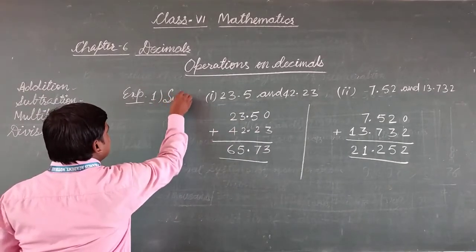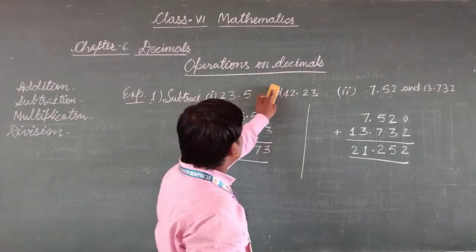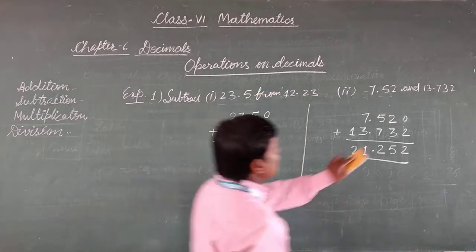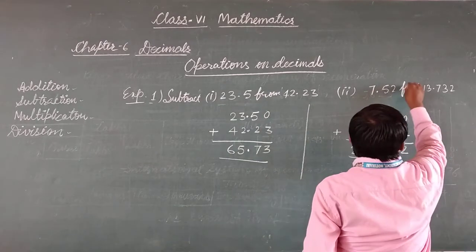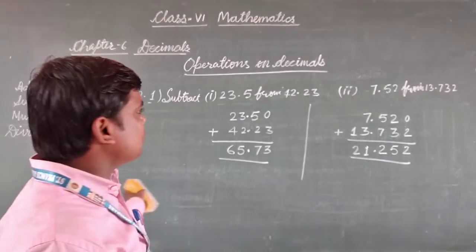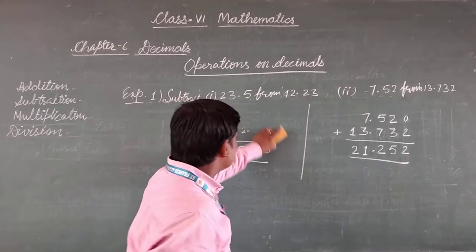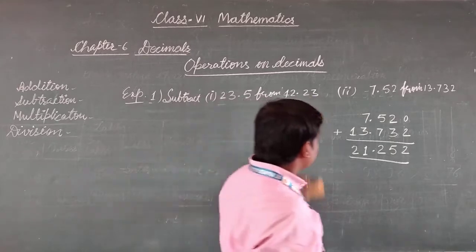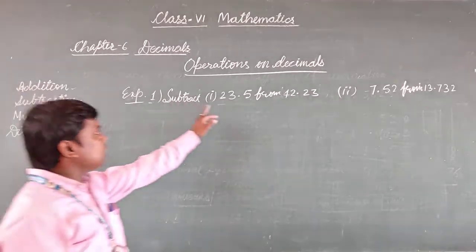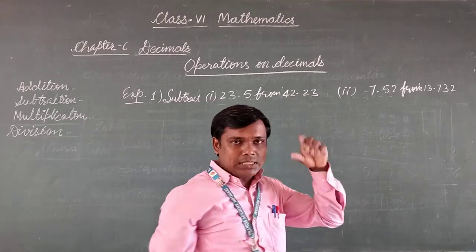I hope you understood addition. Now I am going to solve an example of subtraction. Try to understand. As it is written here, subtract 23.5 from 42.23.